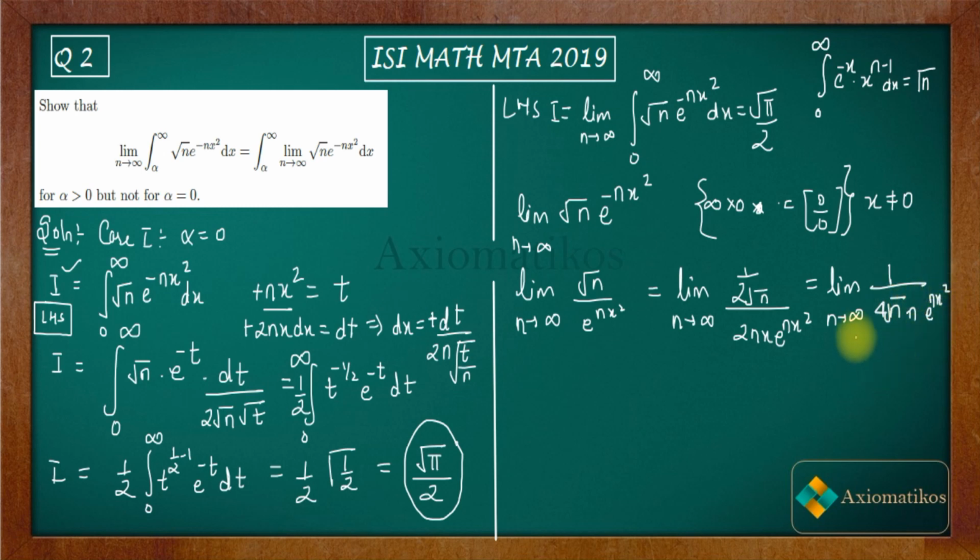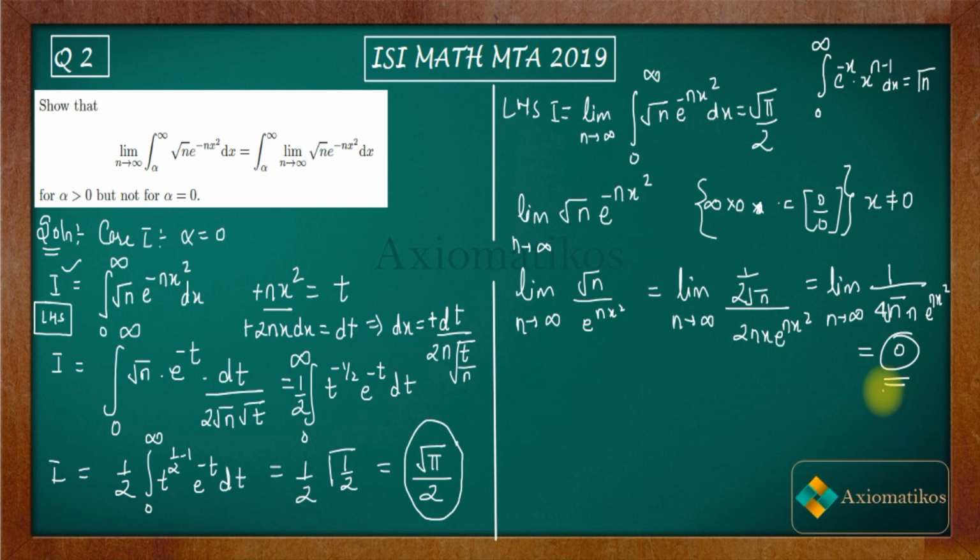Now if you place infinity, you get 1 over infinity into e to the power infinity. You are not getting an indeterminate form now. So it's 1 over infinity, and you got 0.